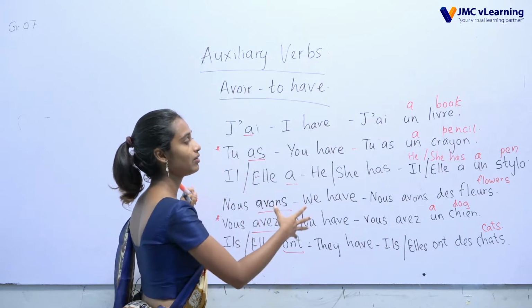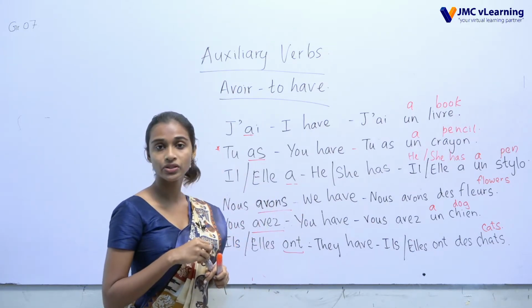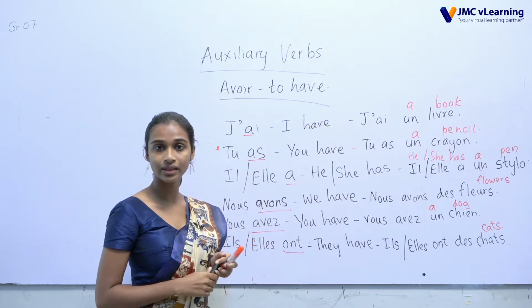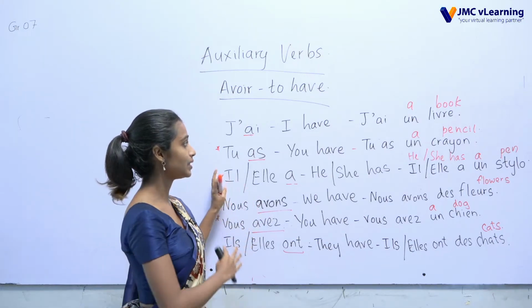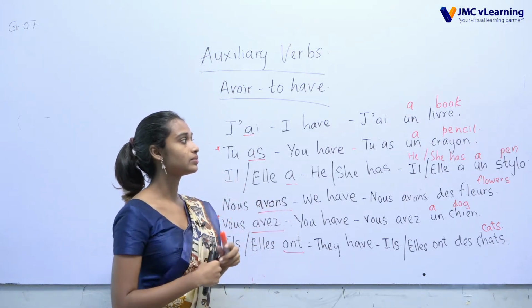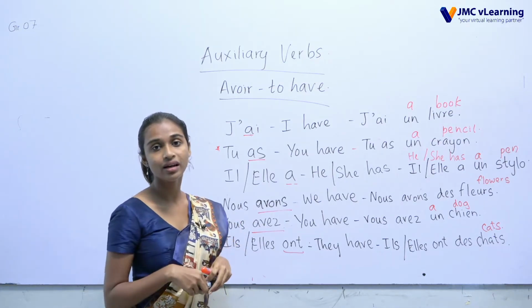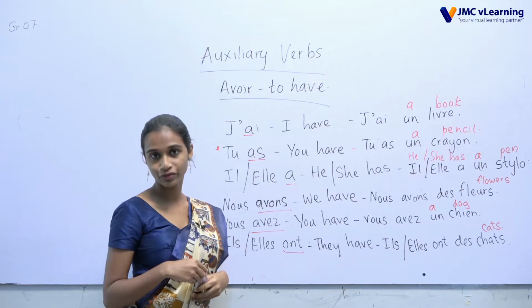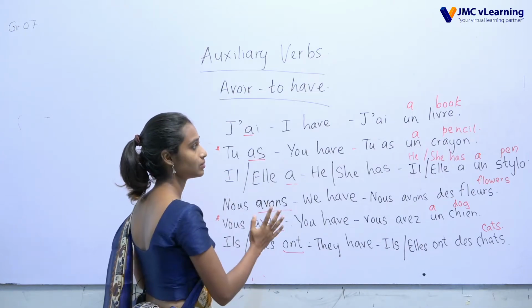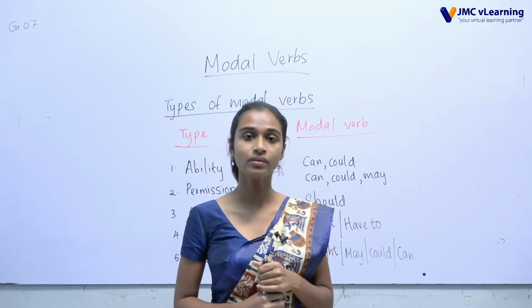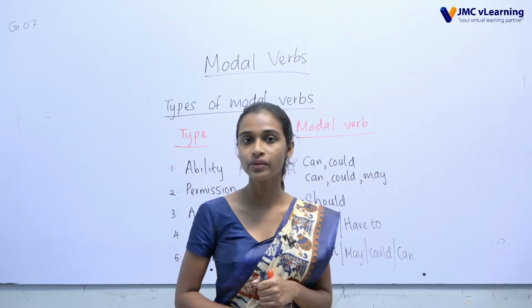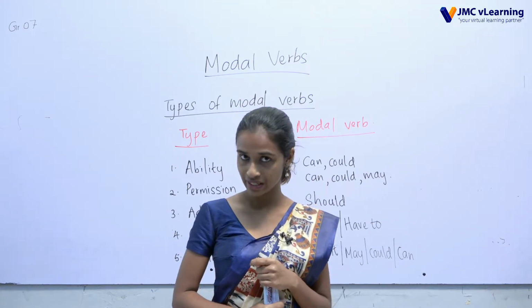So now I have uploaded some MCQ questions to the site. So please download them and answer them, right? Try to answer them and let's see how many marks you will get out of 20. Okay, so please copy down this note. So now everyone has already studied about the auxiliary verbs in French, right?